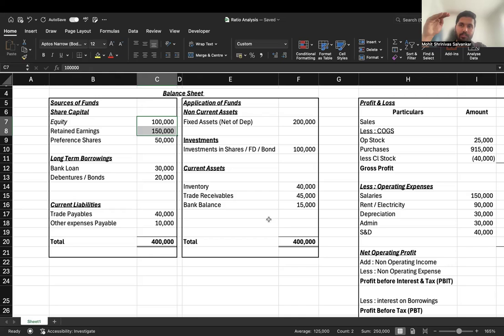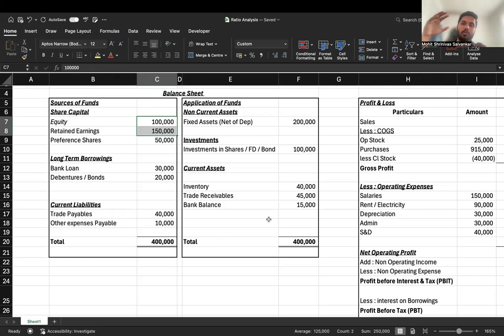So we take that cash figure and compare it against the liability, and we see how many times your cash profits can cover your liabilities. Like, let's say if you're making a profit of 100 and your liability is 20, it means you can pay these liabilities 5 times using the cash profit which you have. So again, the unit of this ratio is in times. The current ratio was also in times, how many times it can pay off.